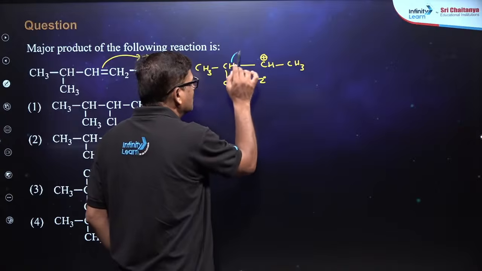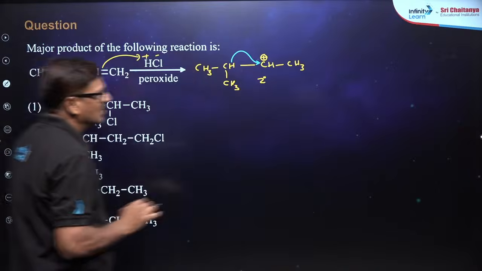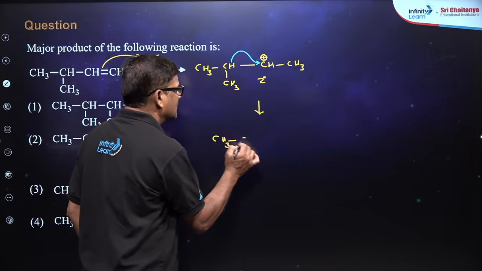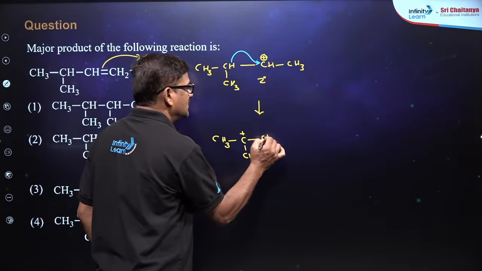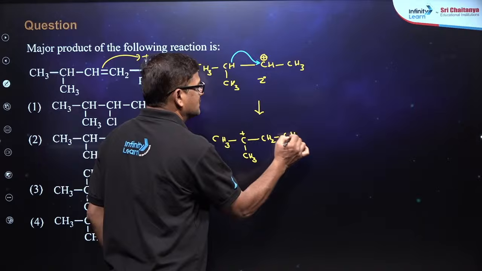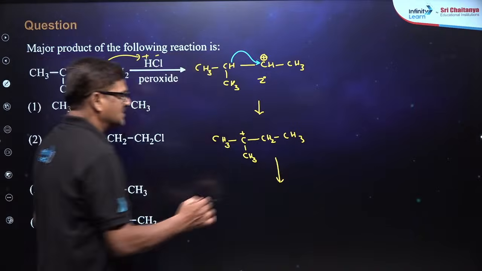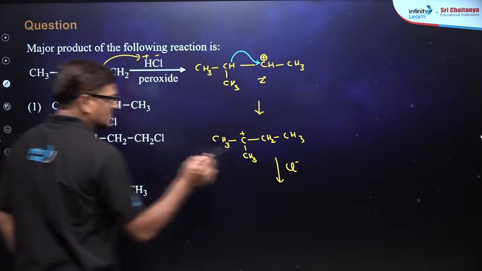You're going to see one hydrogen is moving here, so that the carbocation will be CH3 and C plus and CH3 and CH2 and CH3, and Cl minus attacks it.